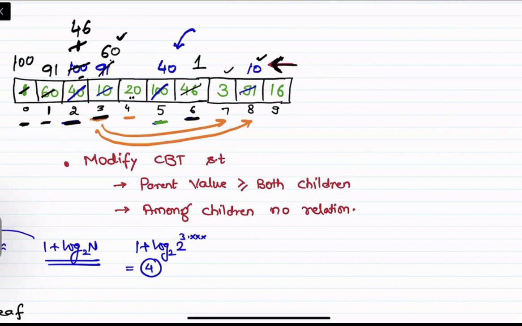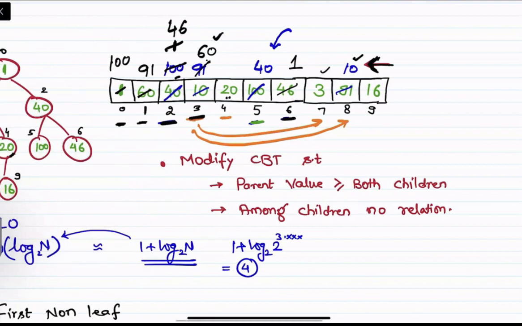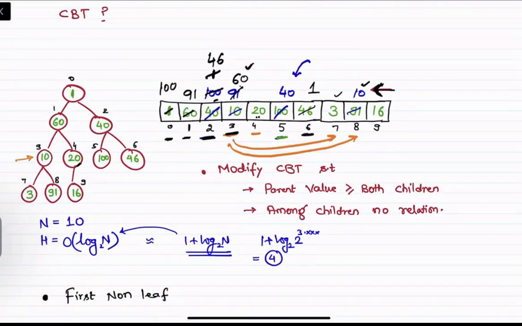So whatever changes we have done now, if I make these changes to this tree also, then at root we have 100, then we have 91, then we have 46, then we have 60.